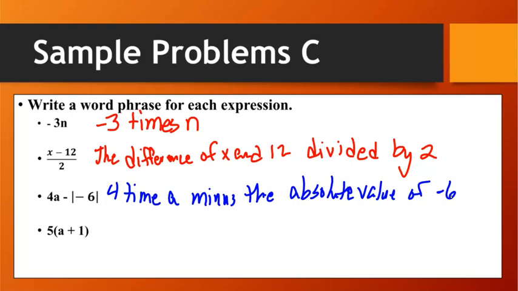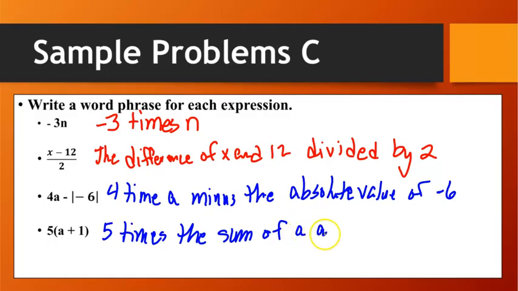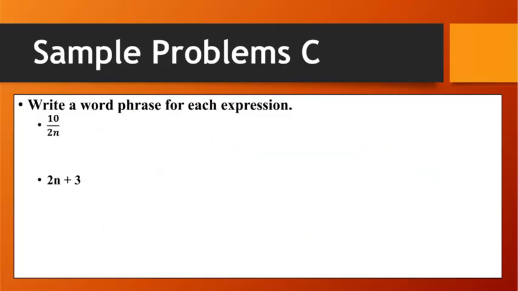And this last one here, I have 5 times the sum, and that's the answer to an addition problem, of a and 1. Now I'm just writing one way of doing it, and as I said before, I just usually write it the way I say it. But there's more than one way you can write these.